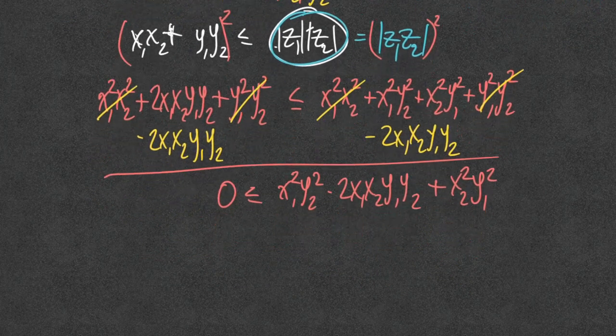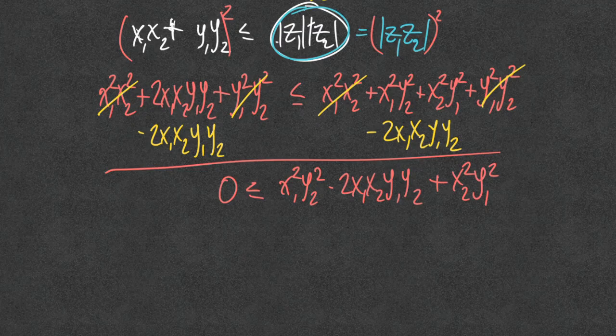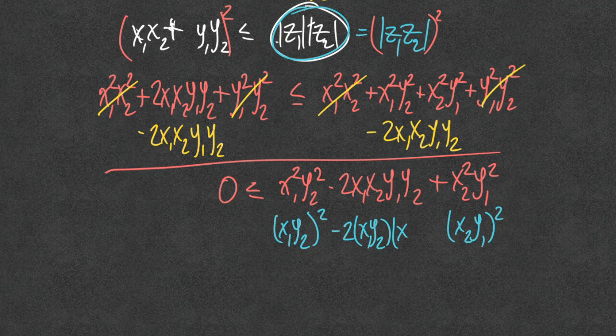Because I can write this in the form something squared. I can write this in the form something else squared. And this is simply going to be minus 2 times the first something times the second something.